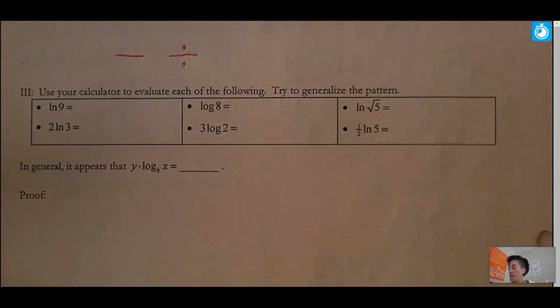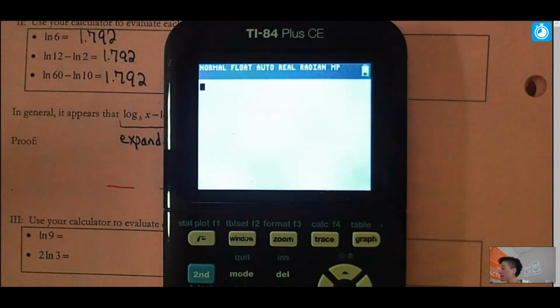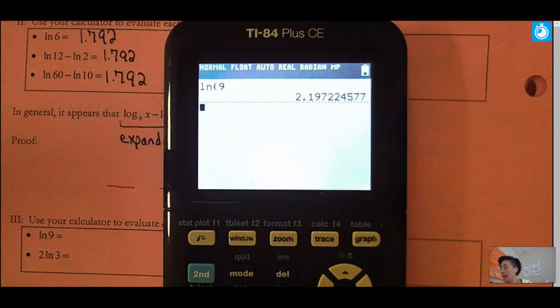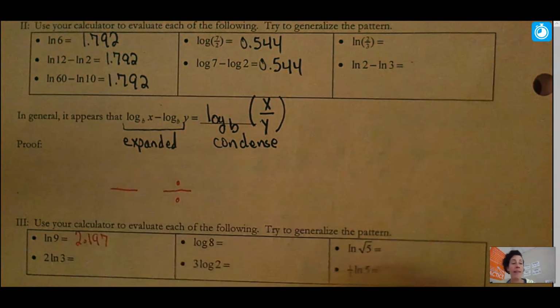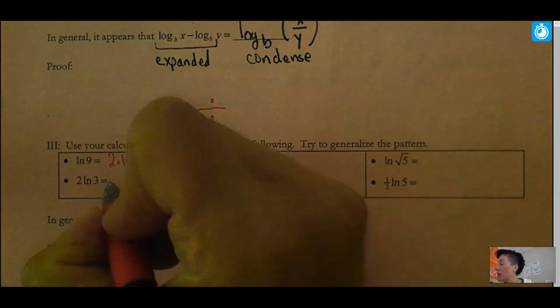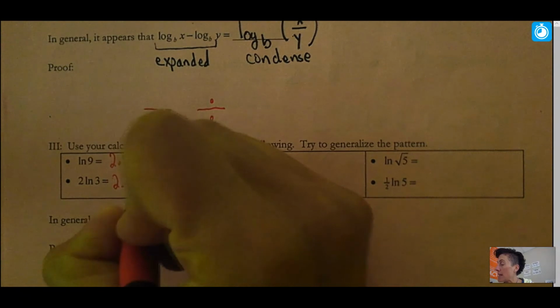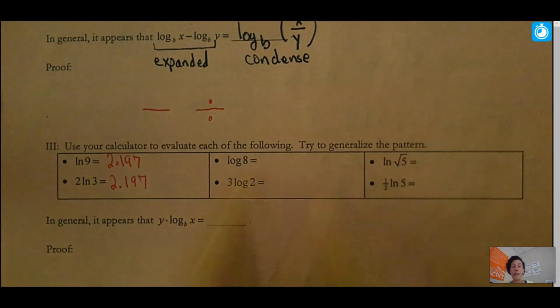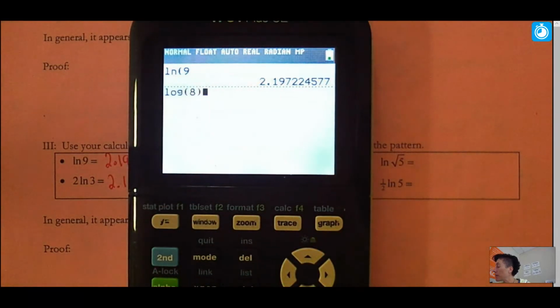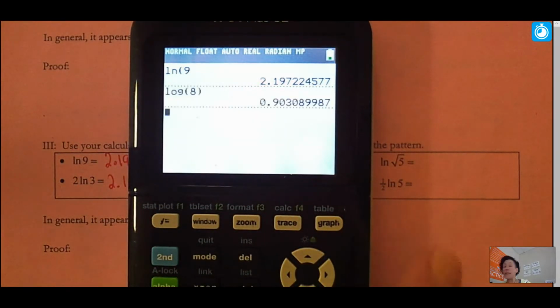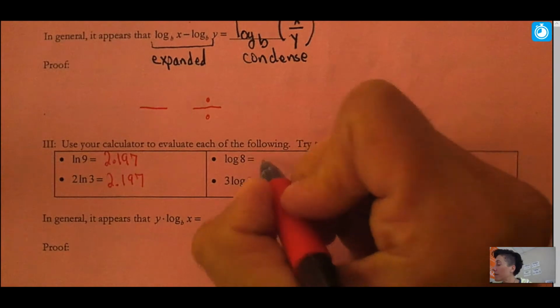And this time, I'm going to have the natural log of 9. And I get 2.197. And I'm sure you can realize now that my next answer is going to be 2.197. Or if I take the log of 8, let's see what happens here. 0.903.